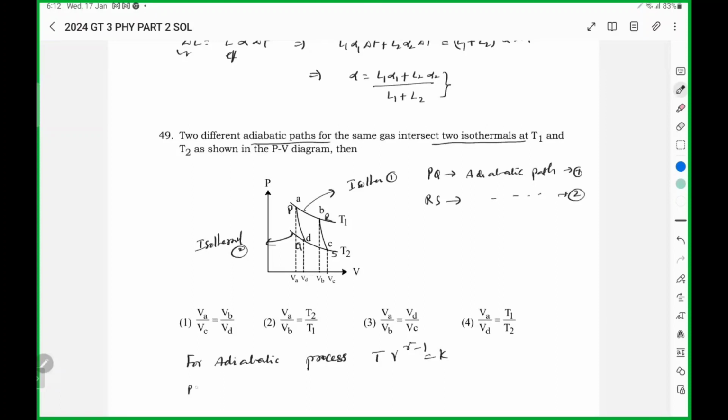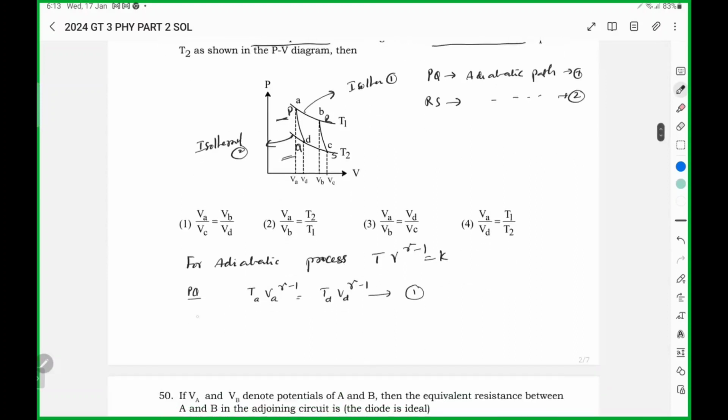If I choose path PQ, TA VA power gamma minus 1 at point P equals TD VD power gamma minus 1 at Q. For path RS, TB VB power gamma minus 1 equals TC VC power gamma minus 1.